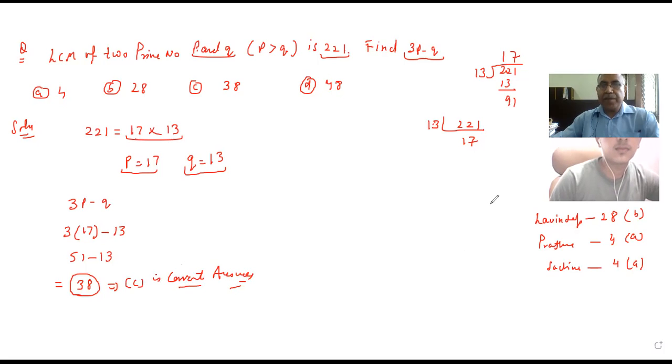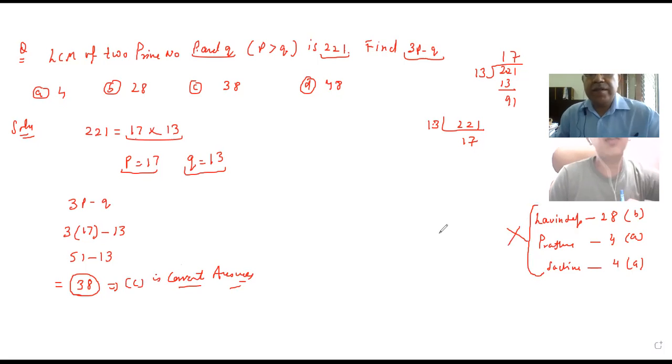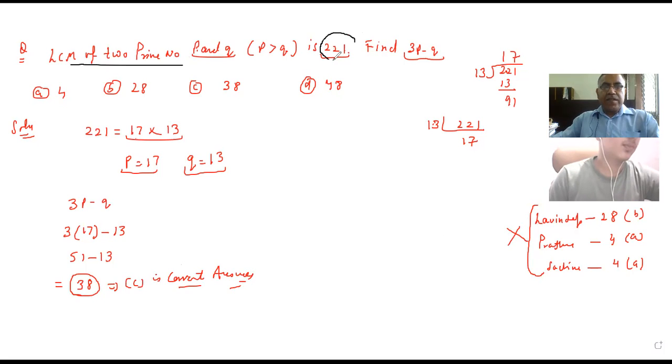So beta Lavandeep and Pratham and Sachin, all of you are wrong. Sir, can you repeat it? He is saying LCM of two numbers is this. So when I put the factors are 17 and 13.